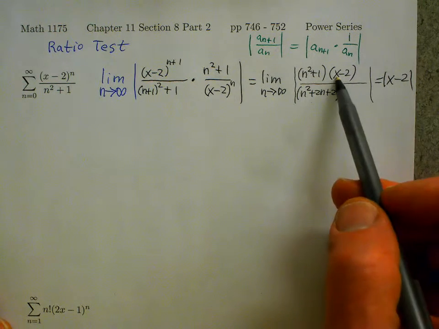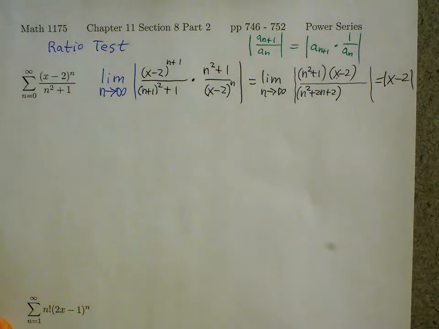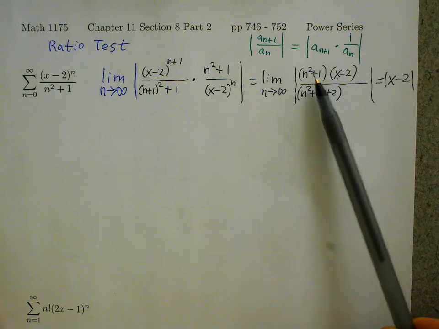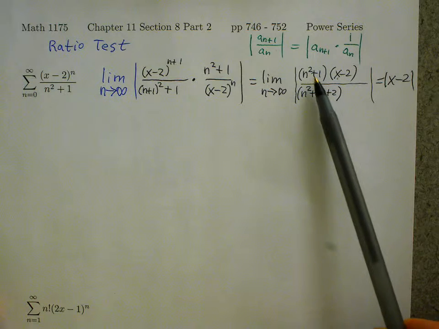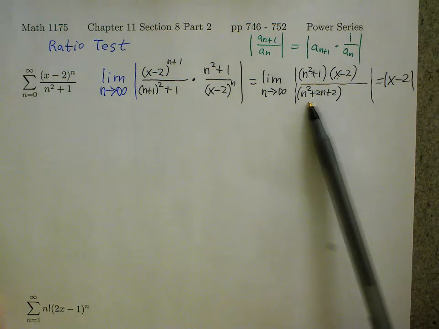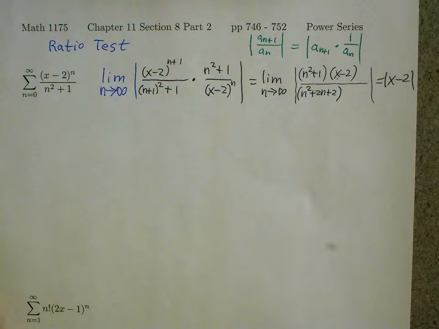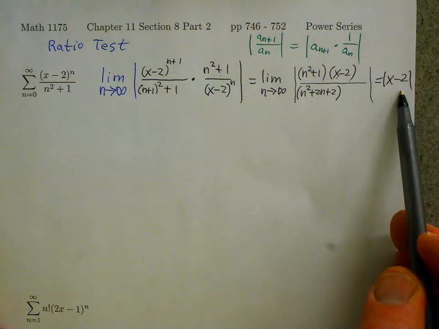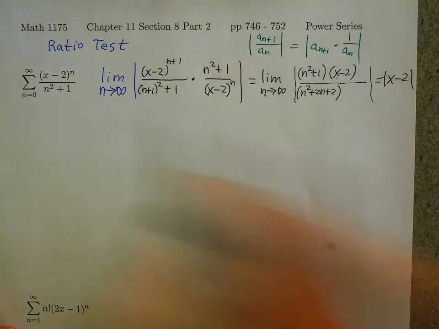For every fixed value of x, x minus 2 is unaffected by n. So is there a question about why the limit of n squared plus 1 over n squared plus 2n plus 2 is 1? Okay, so the limit is the absolute value of x minus 2.